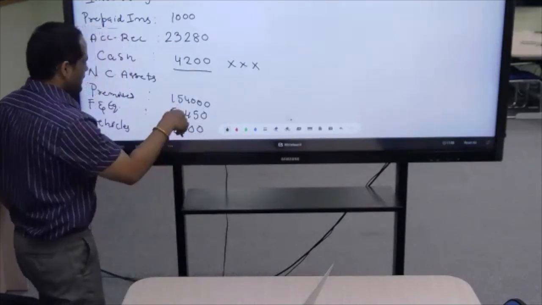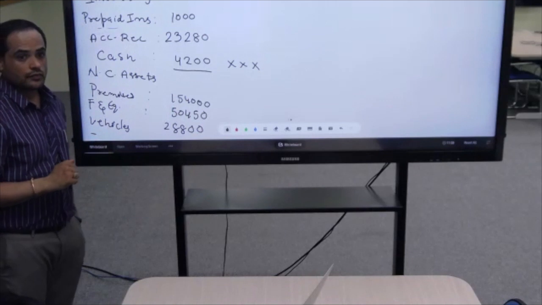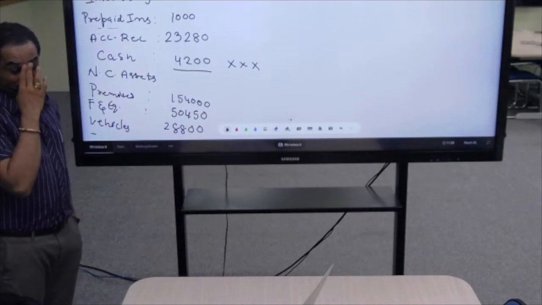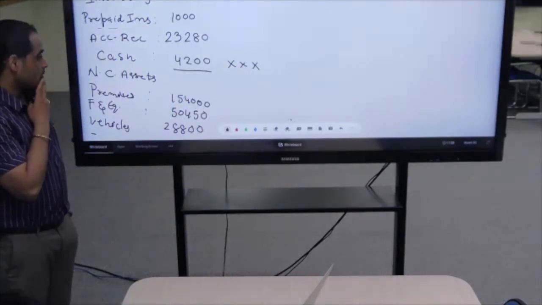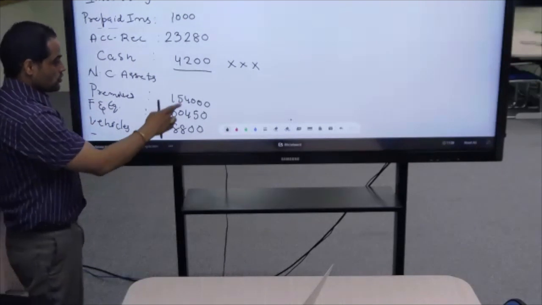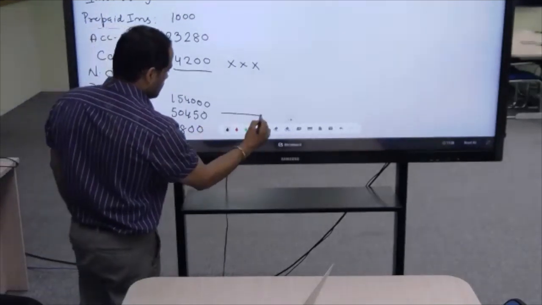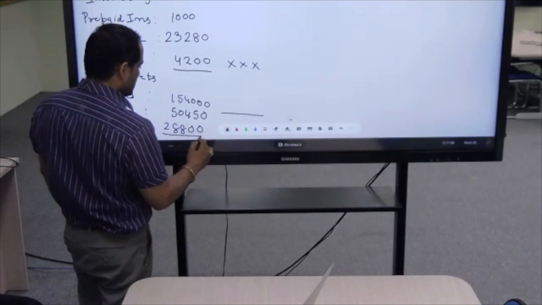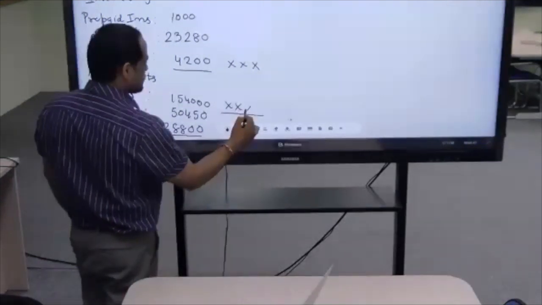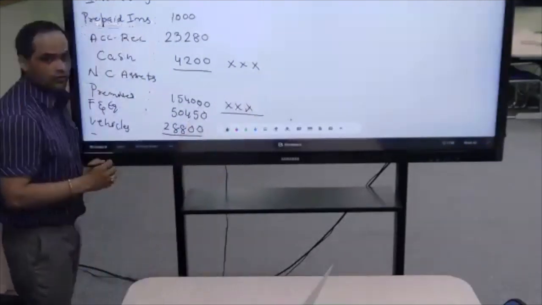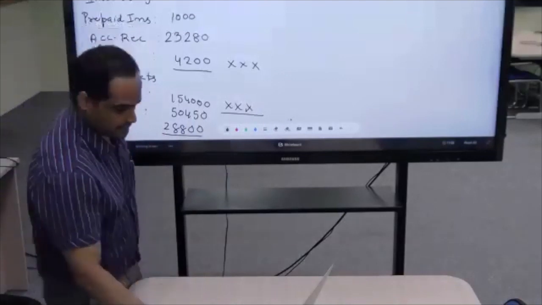Right? That is your non-current assets. So you add them all, and that is your balance of non-current assets.